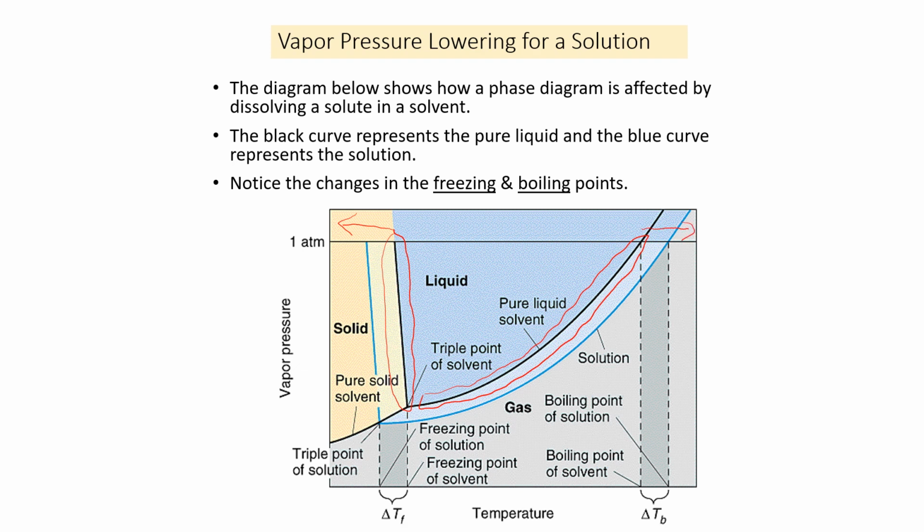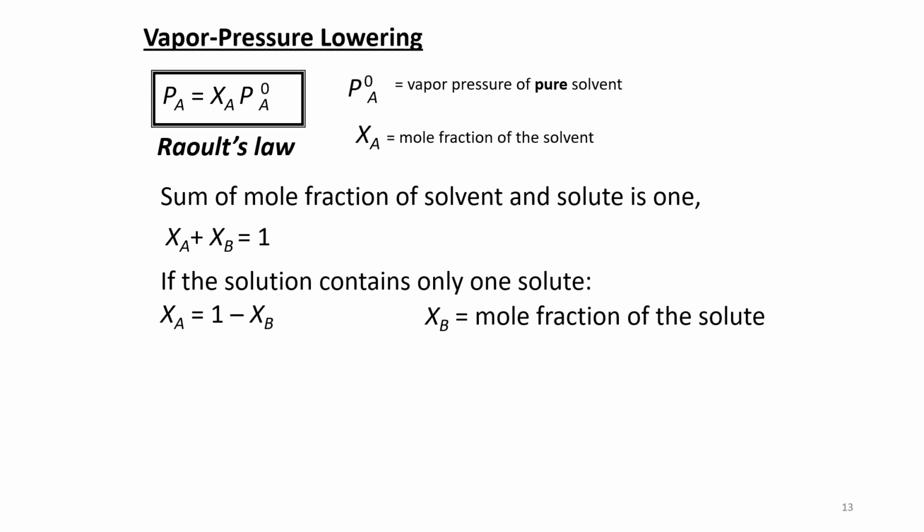So we have the new temperature for the boiling point of the solution, and this one is the original boiling point of the solvent without the solute. And for the freezing point, this one is the original freezing point of the solvent, and after addition of solute we have the new freezing point of the solution. From this phase diagram we can see that the addition of a solute affects the temperatures of the freezing and boiling points.